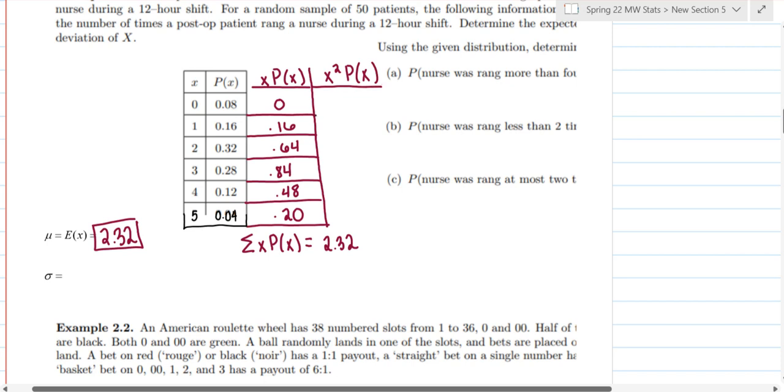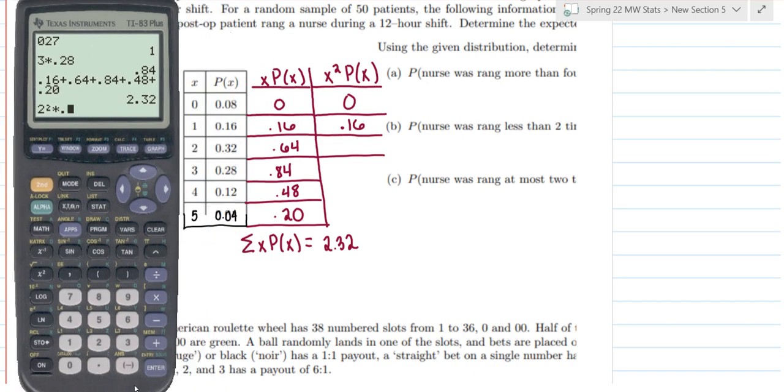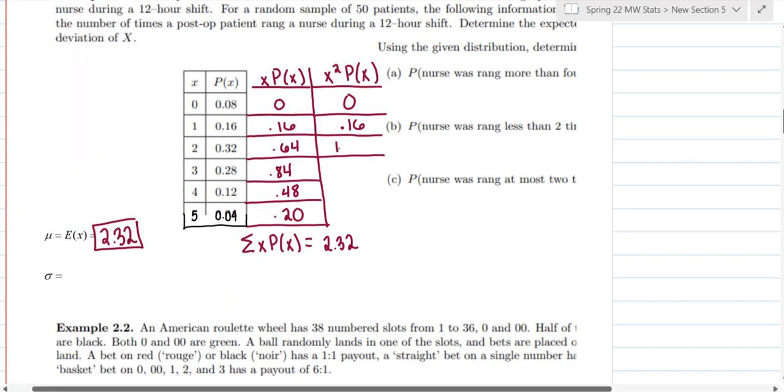So 0 squared is 0, so this is going to be 0. 1 squared is 1 times 0.16, so that'll be 0.16. This will be 2 squared times 0.32, so you would just go 2 squared times what was that probability? 0.32. So 1.28.